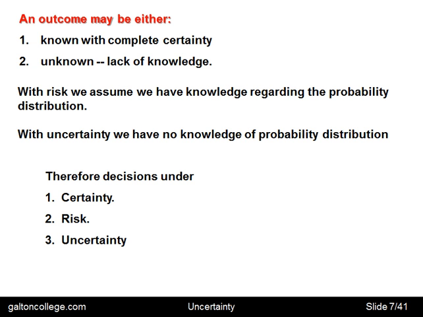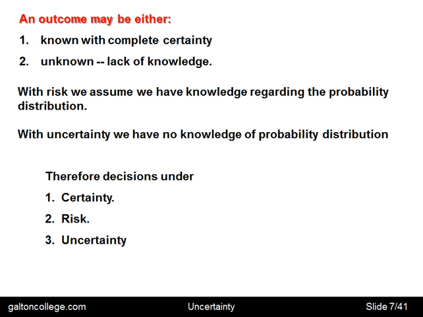We may know what that probability is. We don't know if the outcomes will arise. We just know the probability. If it's a 90% probability, it's pretty good. There's still a 10% probability that it won't arise. So we are still taking a risk.